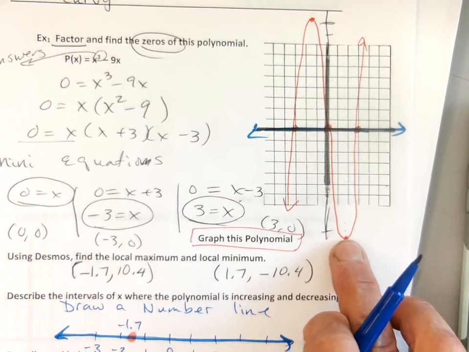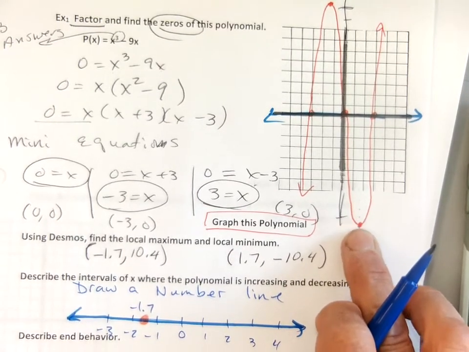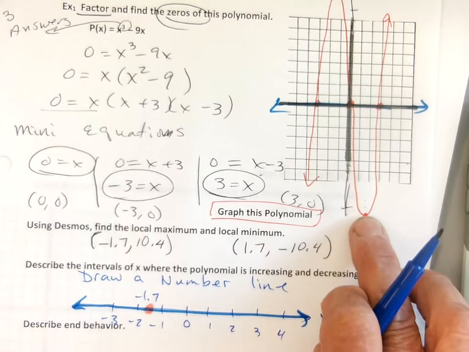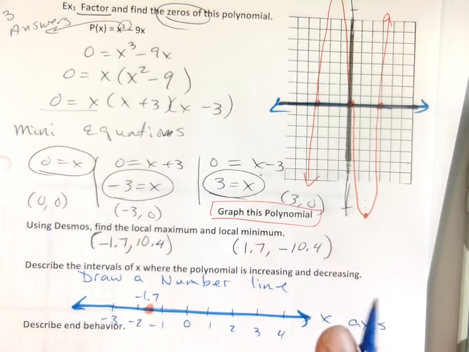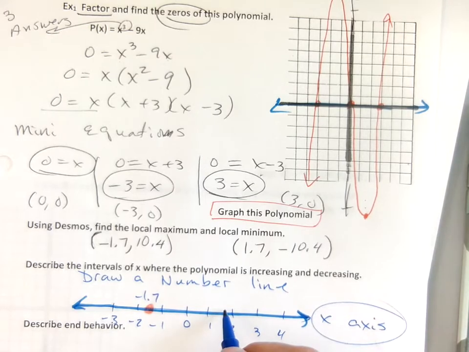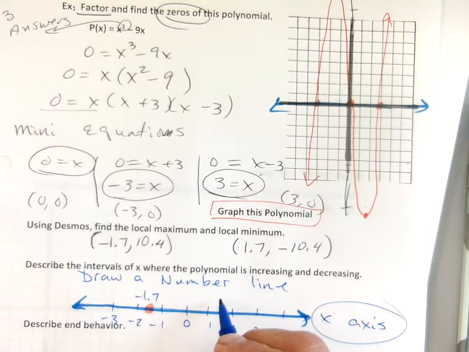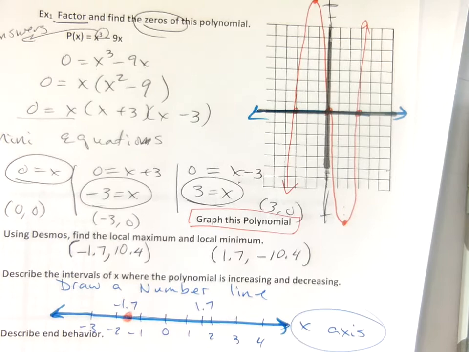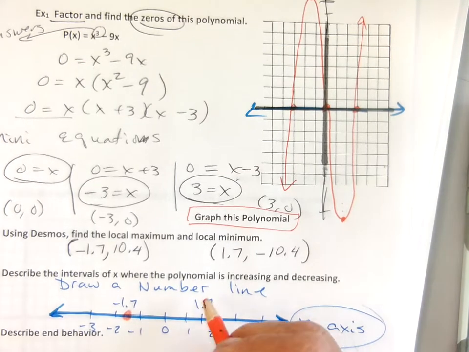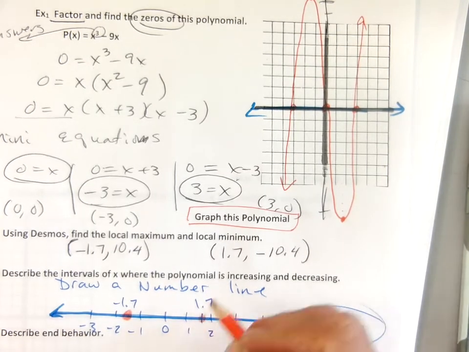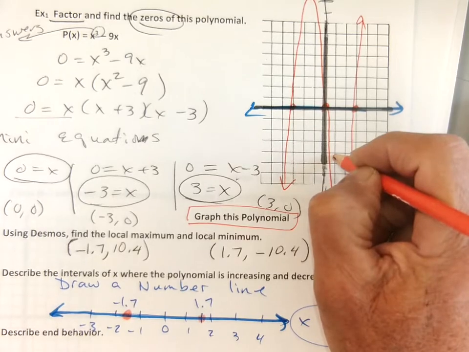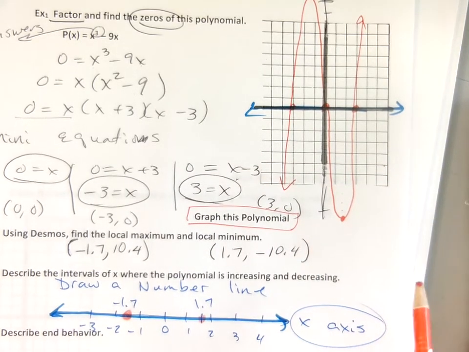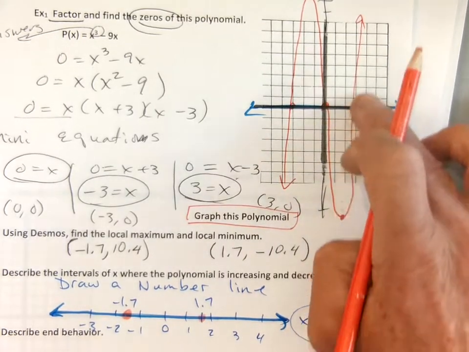And so what's that value? Positive 1.7, right? So we want the x values. So right there, positive 1.7. We'll put a dot. Yeah, but at 0, it's still going down, right? Totally agree with you. And then it's going uphill from there, right?